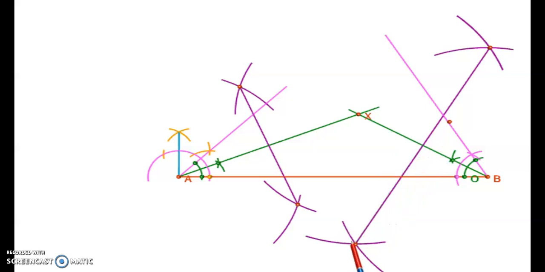So let us see, children, what we have done till now. We have drawn the line segment AB, which is equal to the perimeter of the required triangle.